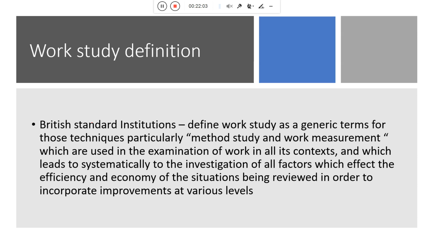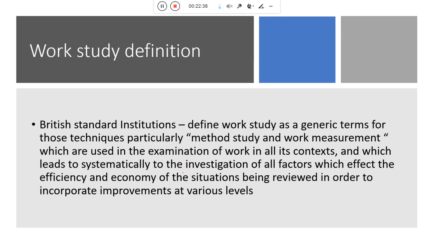It defines the generic terms for those techniques, particularly method study and work measurement, which are used in the examination of work in all its contexts, and which lead systematically to the investigation of all the factors which affect the efficiency and economy of the situation being reviewed, in order to incorporate improvement at various levels. The same thing is mentioned, but this is the definition actually given by the British Standard Institution.